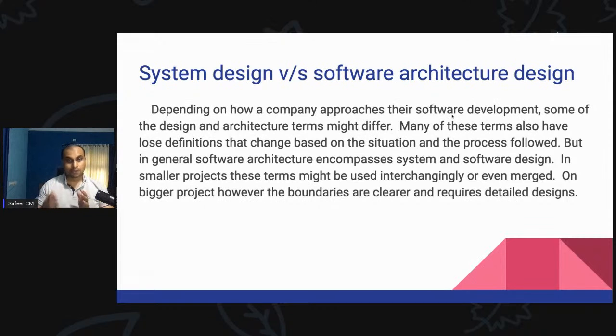The scope of your design would be very limited, and there won't be a clear boundary about what is system, what is software. But if you're dealing with a huge software system, there are going to be certain boundaries, so I'm going to look into those boundaries and talk about that.